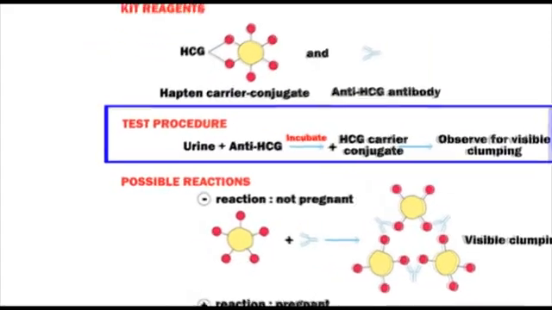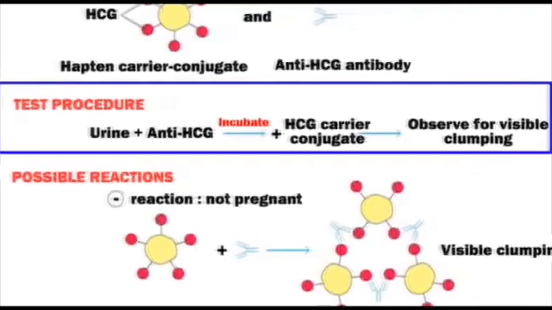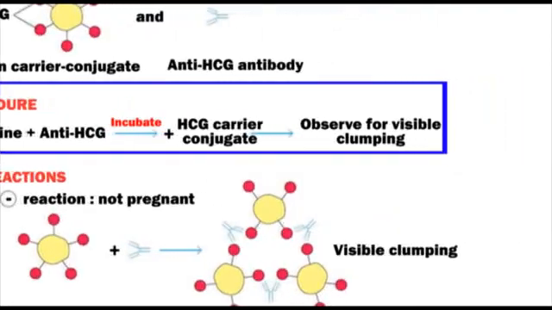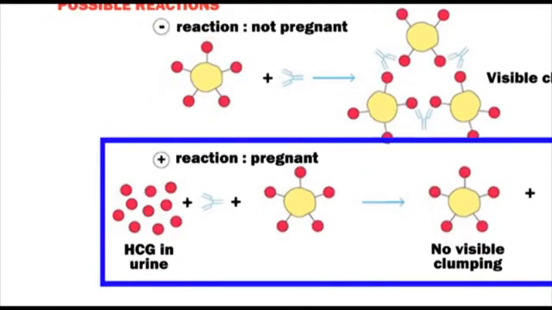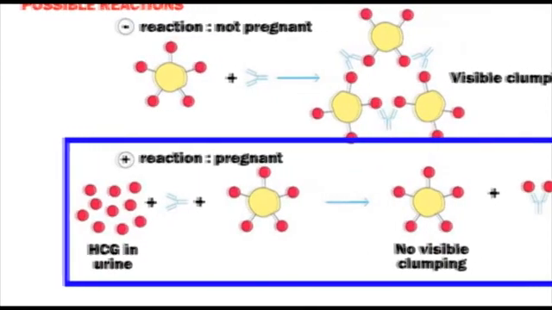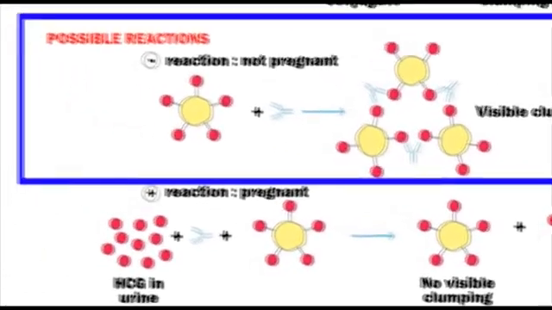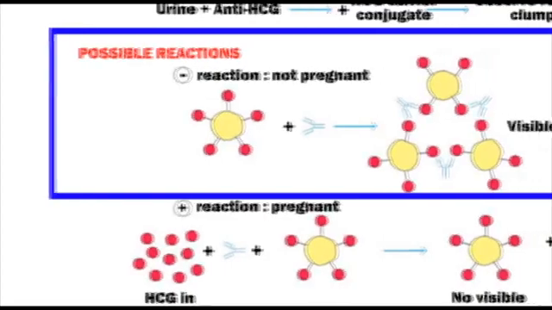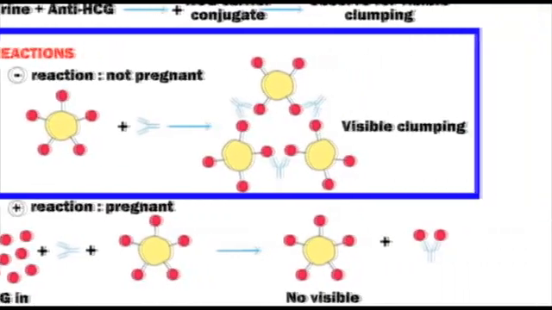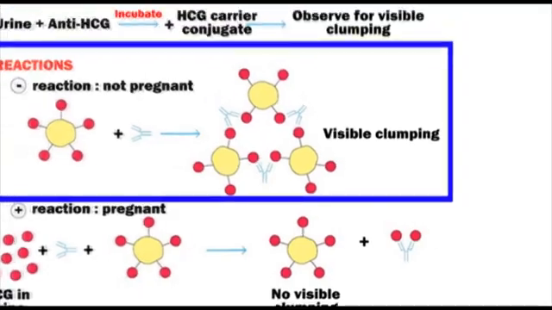Test samples like urine are first treated with specific antibodies and then mixed with the hapten conjugate particles to observe agglutination. If the test sample contains the antigen, it will bind to the antibodies and no agglutination will be observed. If the test sample does not contain the antigen, then the antibodies will be available to bind to the hapten conjugate particles, which leads to agglutination reaction.